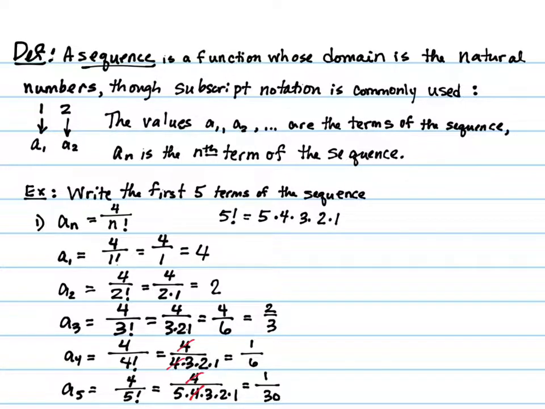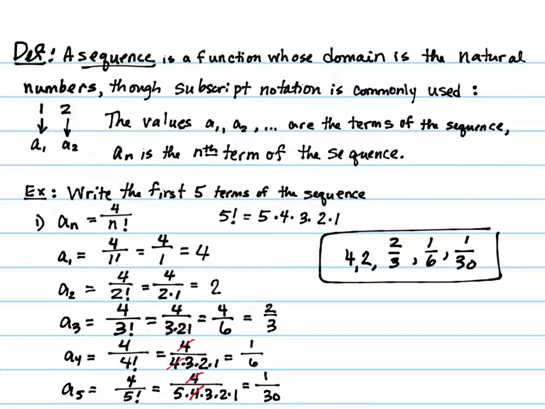You could give it this equation and it could give you those values quite quickly. So I want to make sure that you understand how it works for the moment, okay? But the answer to the question is the sequence. So it's 4, 2, 2/3, 1/6, and 1/30. Those are the first 5 terms that we were asked to find.